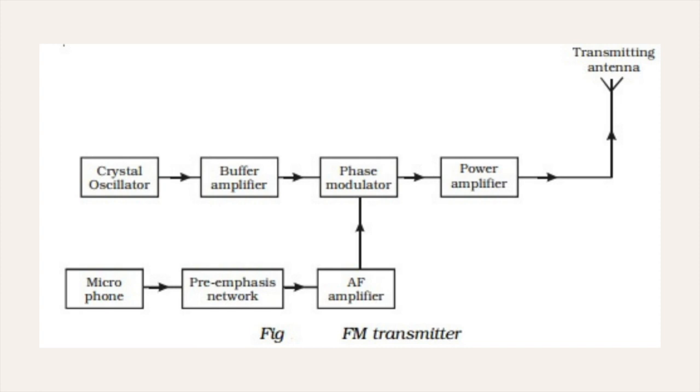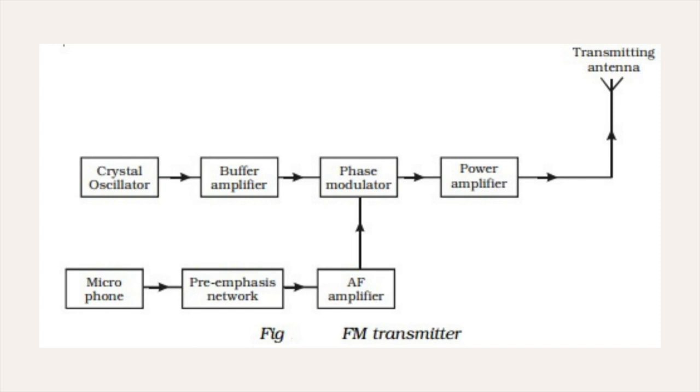The output of the pre-emphasis network is then amplified and sent for phase modulation, and the modulated output is then power amplified using a power amplifier, and finally it is fed into the transmitting antenna for transmission. Thus the process of the frequency modulated radio transmitter ends.